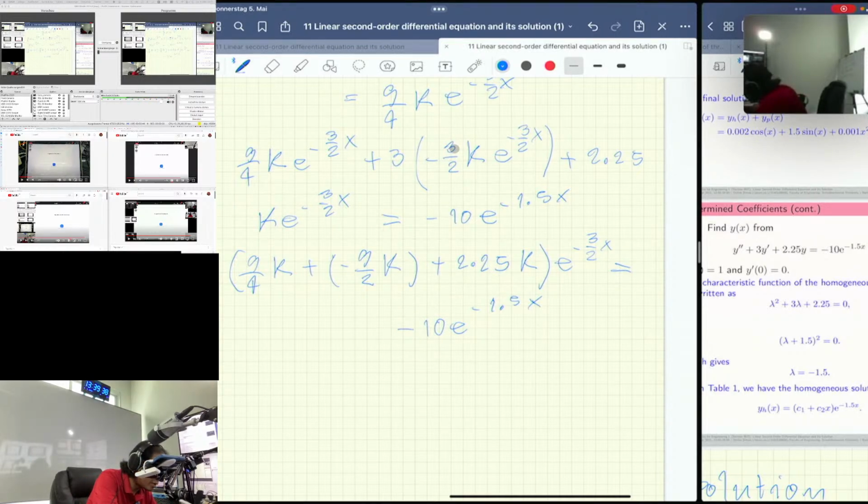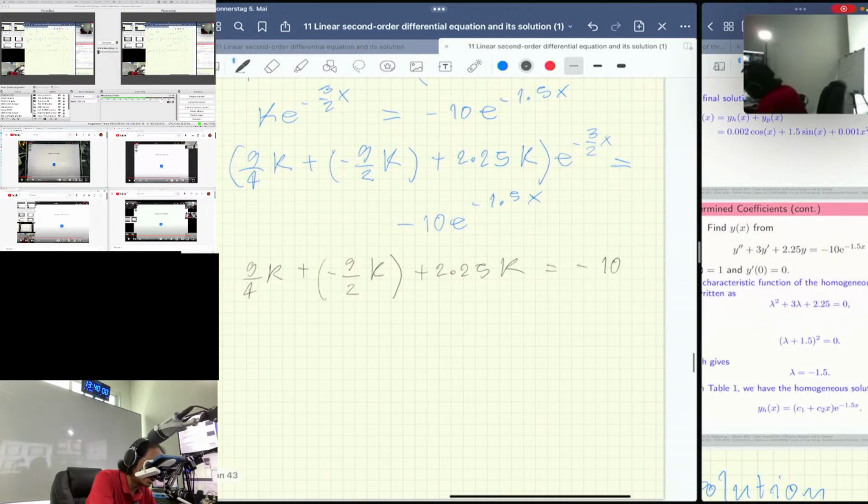So 9/4 K plus -9/2 K plus 2.25 K should be equal to -10. That is 9/4 minus 9/2 plus 2.25, times K, equal to -10.